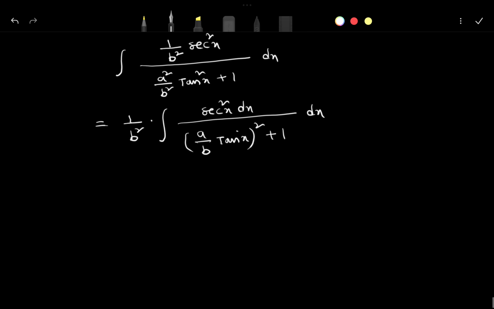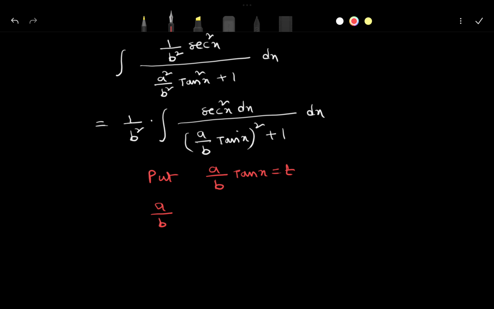Now this problem you can do by the substitution. Here you can write, put a by b into tan x is equals to t, differentiating with respect to x on both sides.